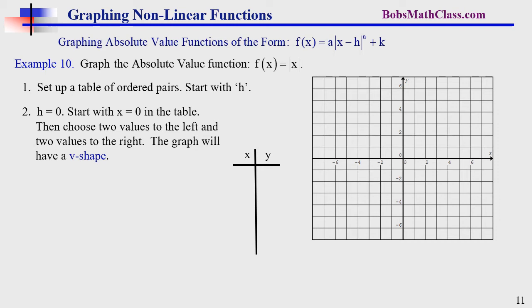So just like the ones with parentheses, if there's nothing inside the parentheses, we start with 0. If there's nothing inside the absolute value along with x, start with 0. And then I already put what it's going to look like. This one's going to look like a V. This one has a V shape. So start with 0. Same idea. 2 to the left, 2 to the right.